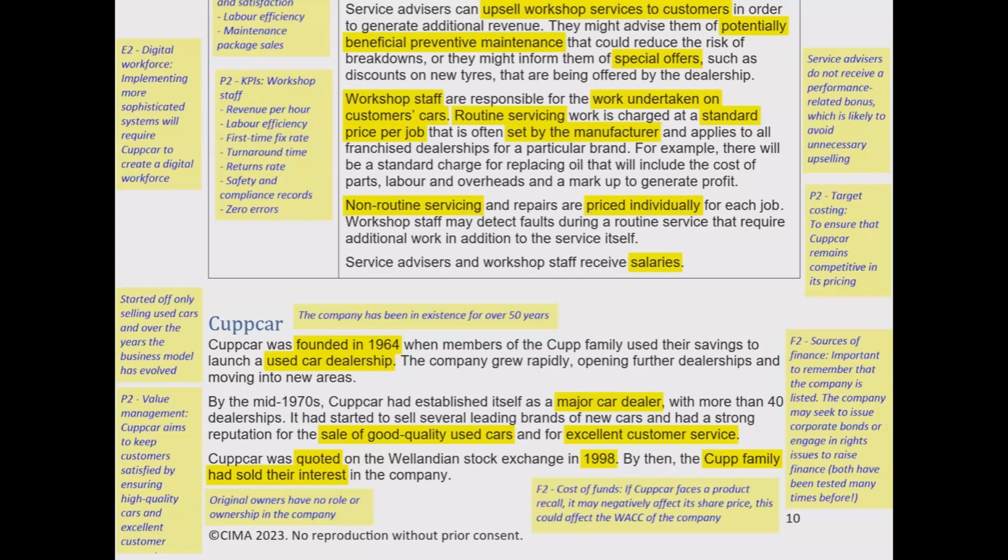Where could the customer go to get this make of car? It might be that there would be a different dealership within Cuppcar that the customer could go to. So yes, a specific Cuppcar dealership might be setting a price in competition with another Cuppcar dealership, but equally, they would definitely be setting a price compared to any other dealership of any other company that is within, I would say, traveling distance of a consumer.